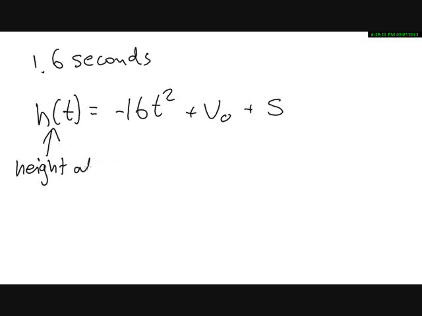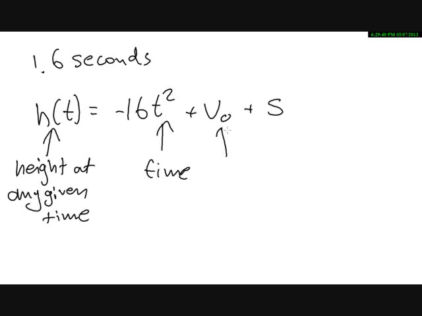So height at any given time, and you guessed it right, t stands for the time. The time is basically how long the object was in the air. The v sub 0 represents the initial velocity.